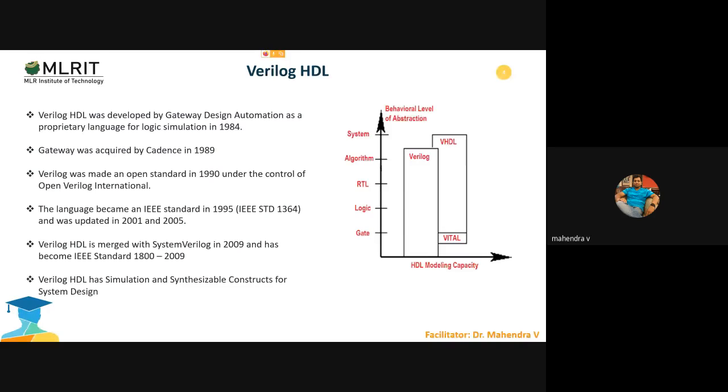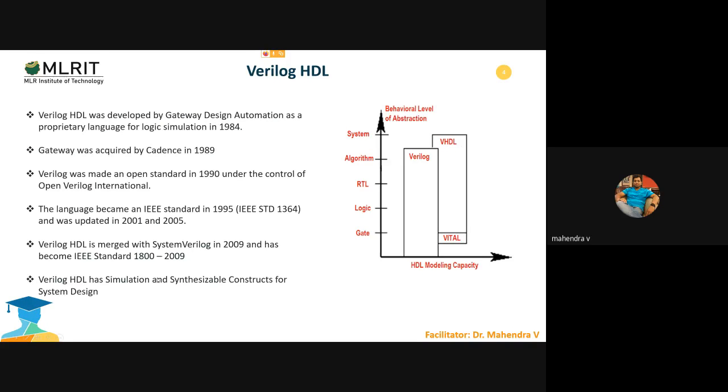It was updated in 2001 and 2005, and in 2009 some features of Verilog HDL were merged with SystemVerilog to make the IEEE 1800-2009 standard.